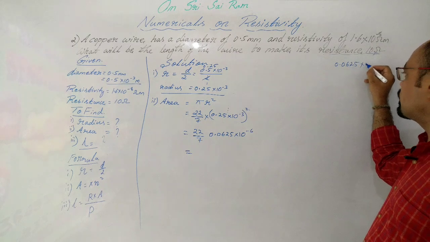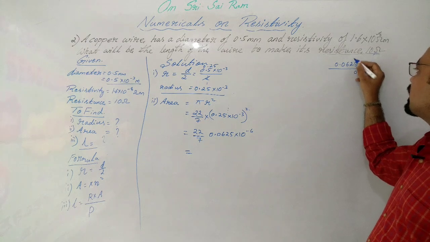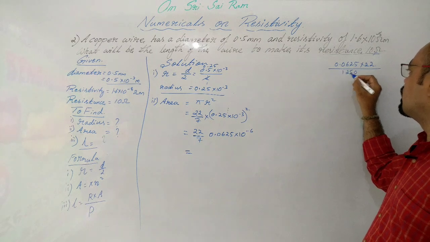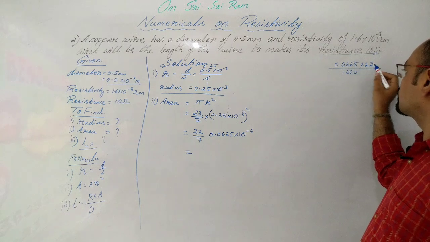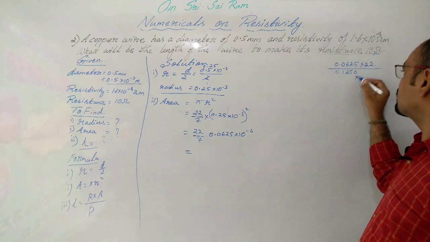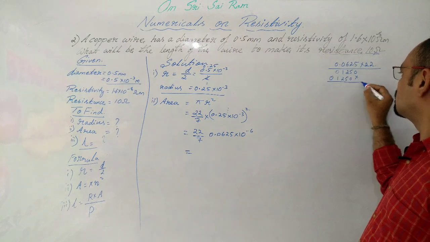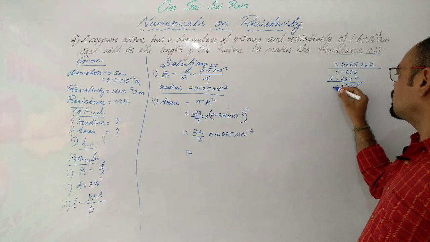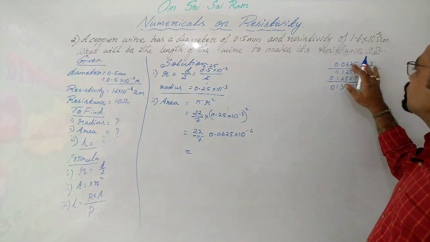0.0625 into 22. 2 5s are 10, carry 1. 2 2s are 4, 4 plus 1 is 5. 6 2s are 12. Some mistake. 5 2s are 10, 2 2s are 4, plus 1, 5. 6 2s are 12. 2 zeros are 0. And here also we get the same thing. So we get 0 5 7 3 1 0, and we have the point after 4 digits.